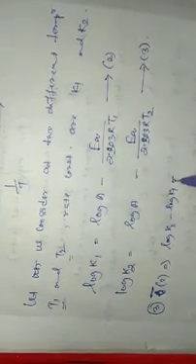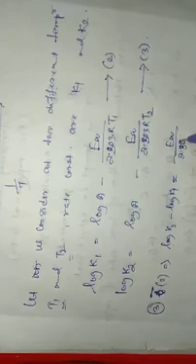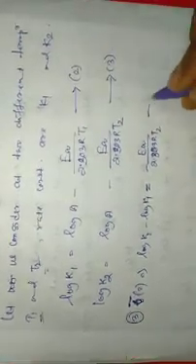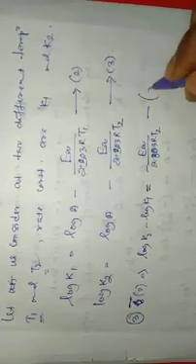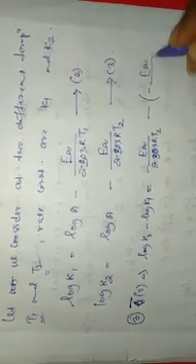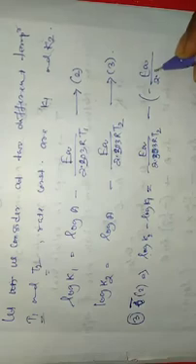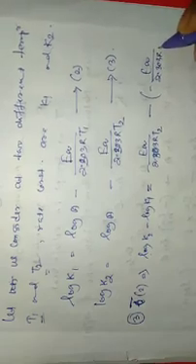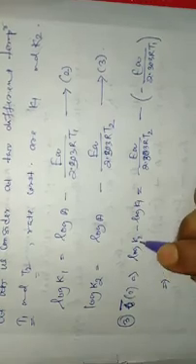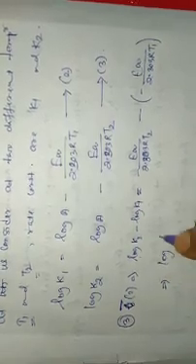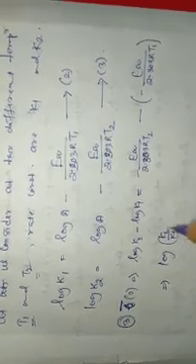Then minus EA divided by 2.303 RT2, again minus EA divided by 2.303 R into T1. So this is log A minus log B, so log A by B.